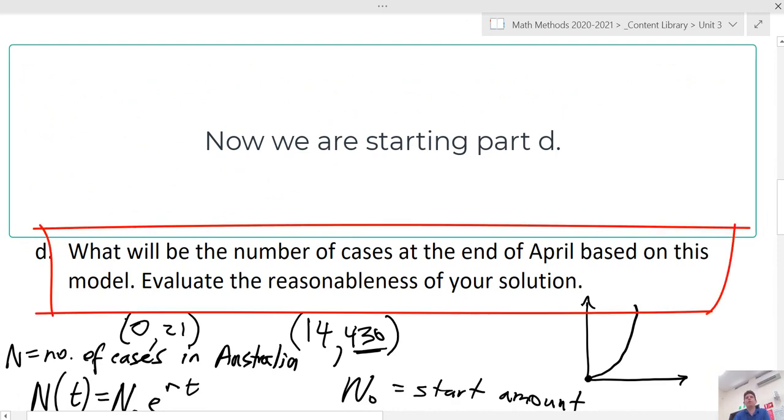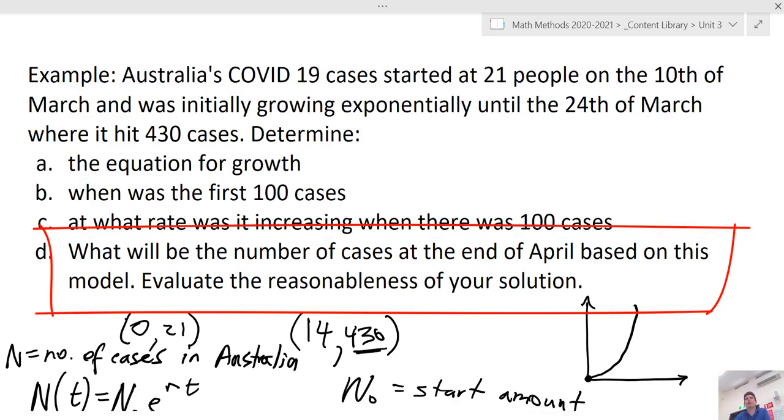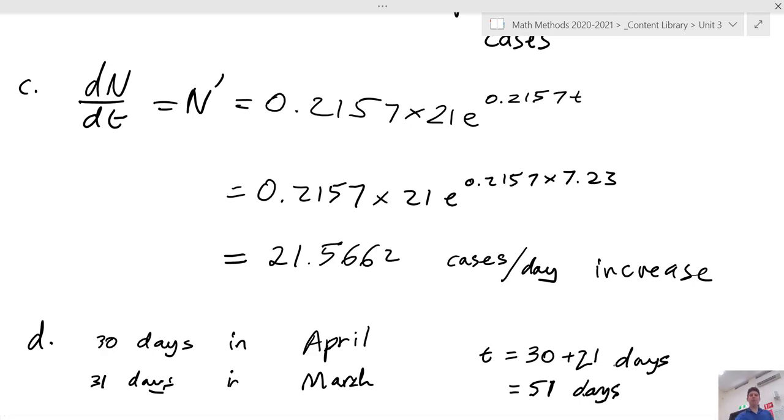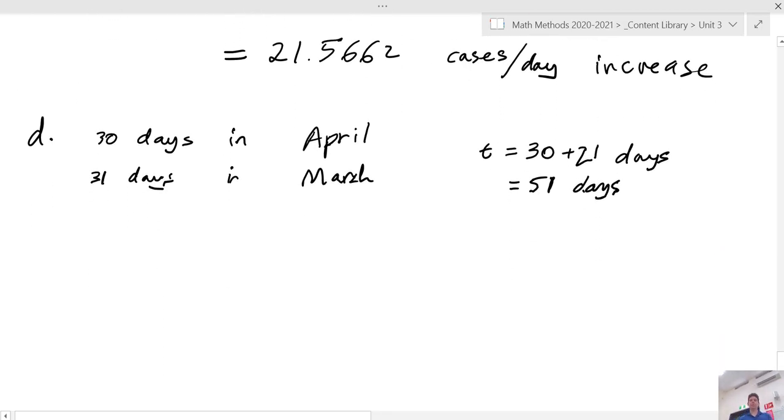There's 30 days in April, there's 31 in March, by the way. So, in case you haven't figured it out, there will be approximately 51 days after the initial 21 cases.